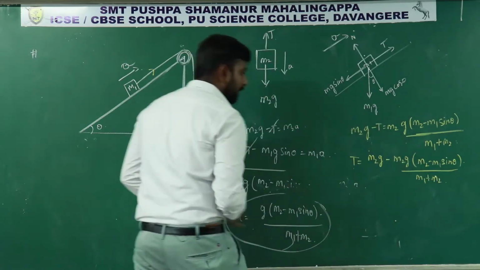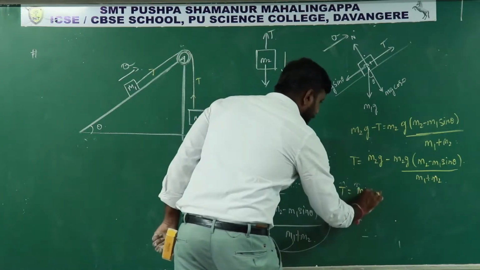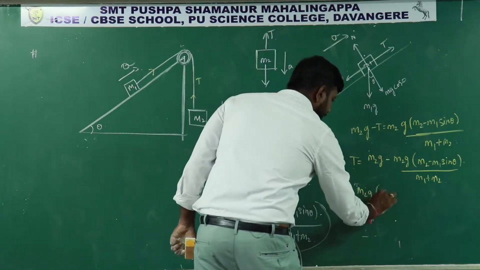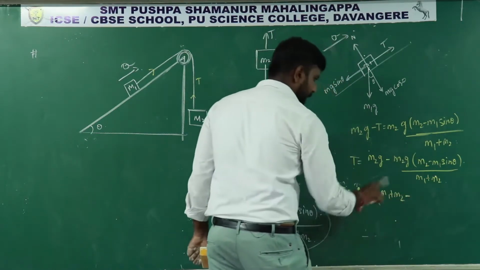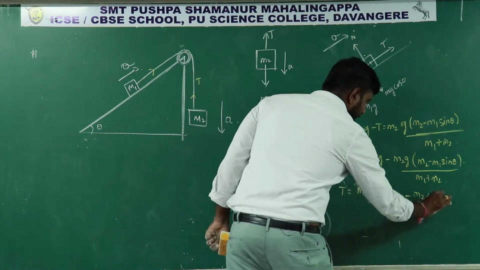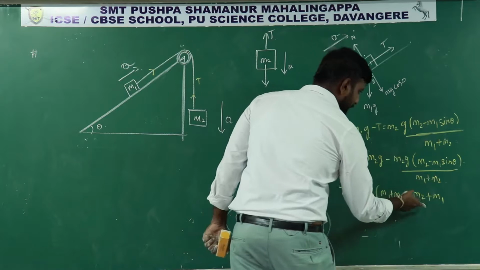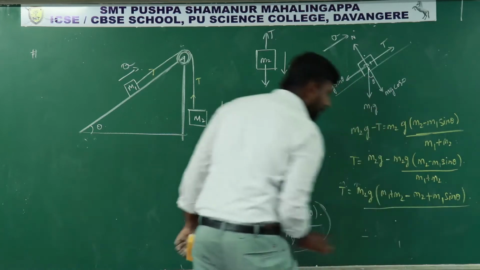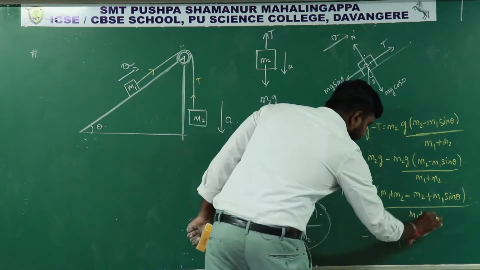Then T is equal to, you can take m2g common outside. If you take m2g common outside, here it becomes m1 plus m2 minus m2 plus m1 sin theta, whole divided by m1 plus m2.